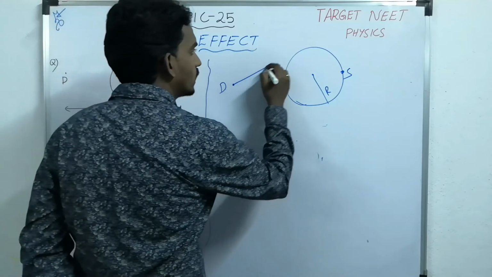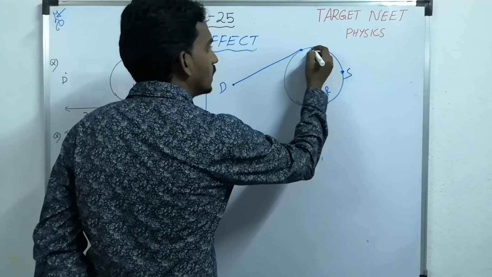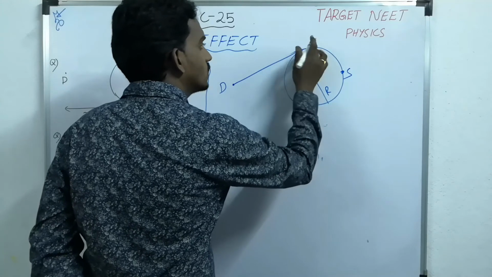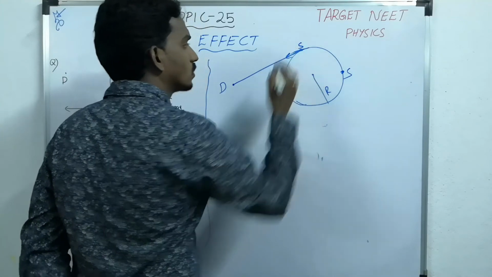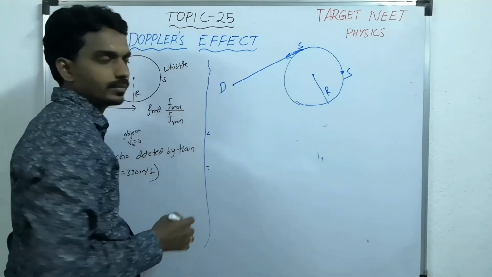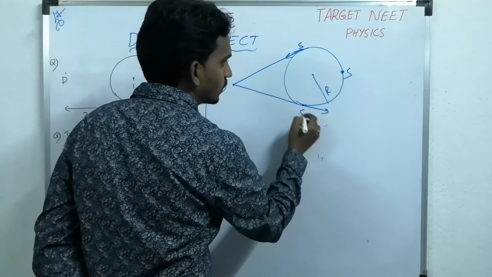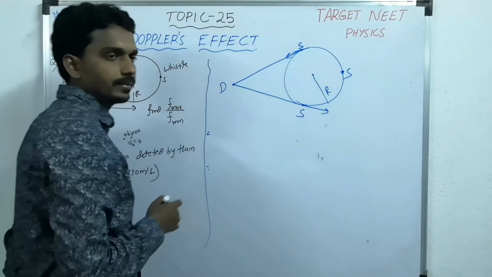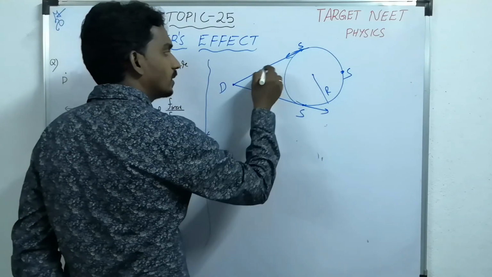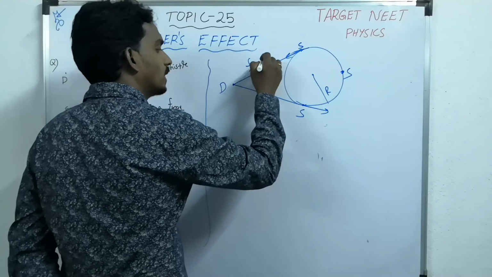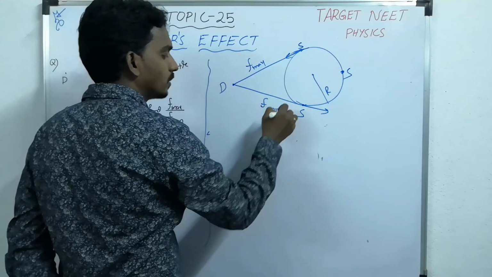So you need to get a point where the tangent velocity of the source is towards the detector, and another point where the tangent velocity of the source is away. At one point f is maximum and at the other f is minimum.